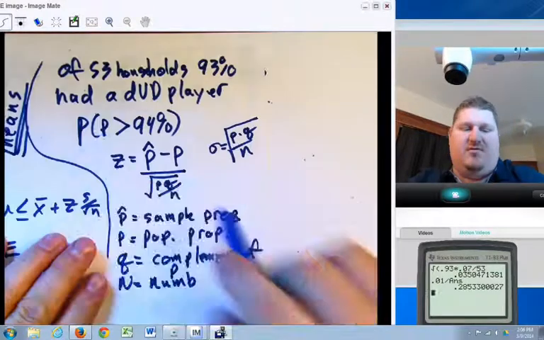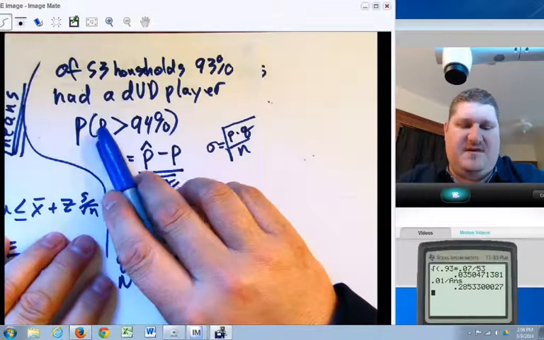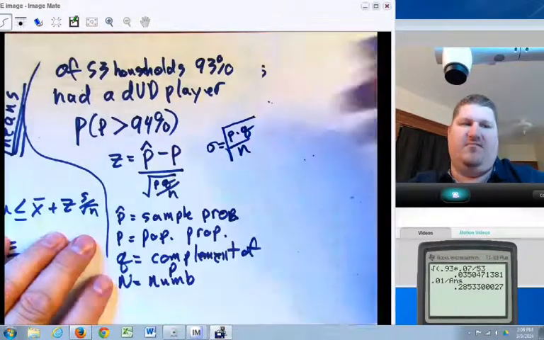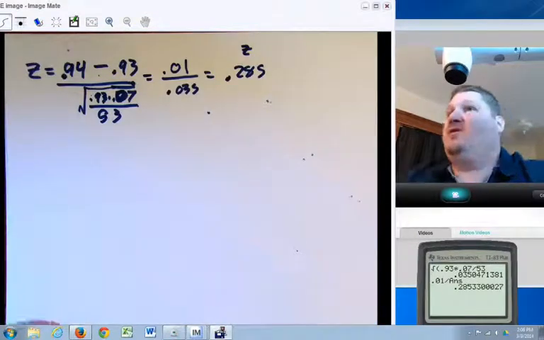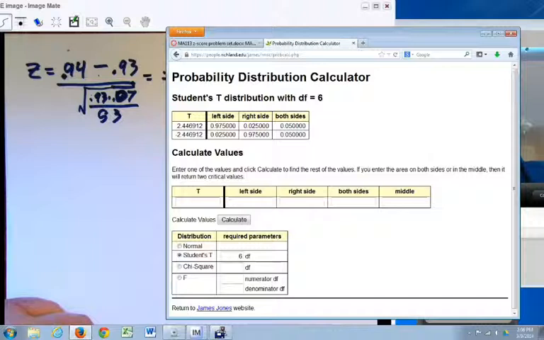Our original question was, what are the chances that p hat is greater than 0.94? So I'm going to go to my probability distribution calculator, and I'm going to say, well, 53 households is plenty, and I have a z-score of 0.285.